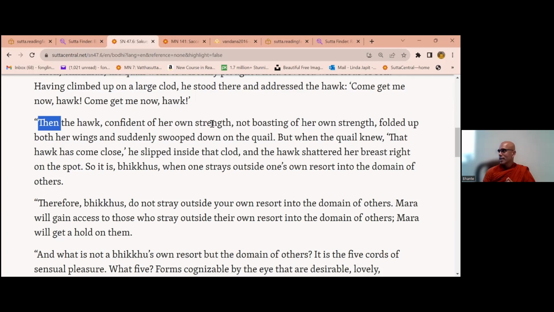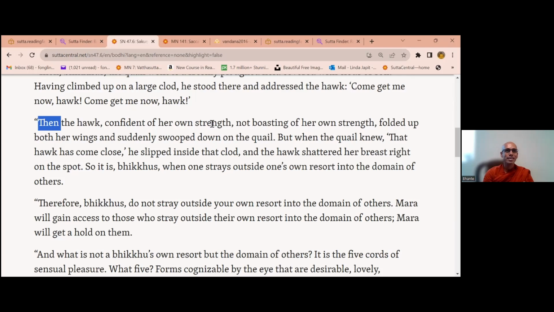They were both actually in the sky, and then the little quail came down to the field and stood on the clod, and then the hawk was swooping down to grab this little bird again. That little bird was so talented. What he did was just go inside the clod, underneath the clod, the little cave. It's very small.